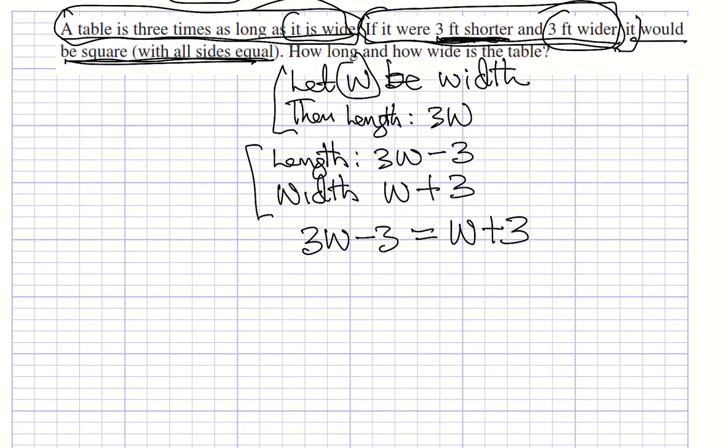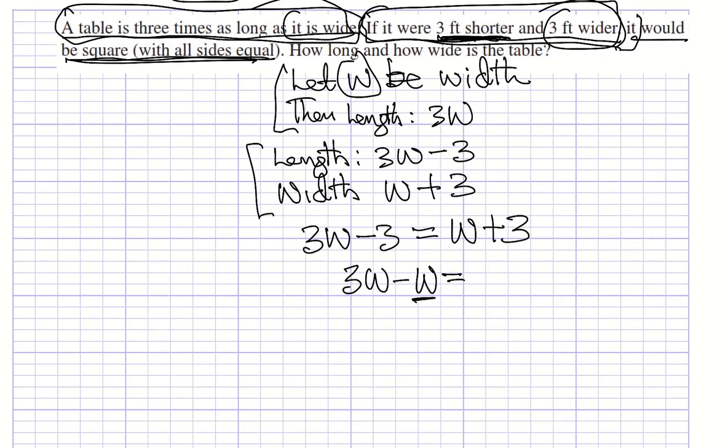So this is a linear equation in one variable. You just move things around, put the variable on the left and the constant on the right. So you have 3W minus W. I brought W from the right to the left and changed the sign. We'll do the same with this 3: take it to the right and change the sign. We already have 3 here, and we bring another 3.